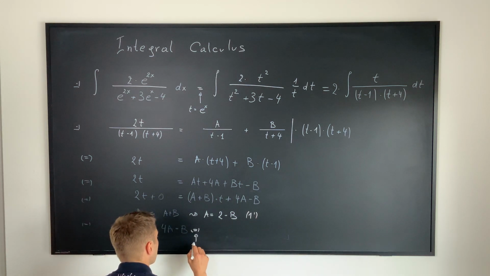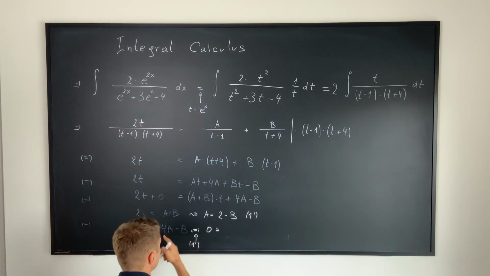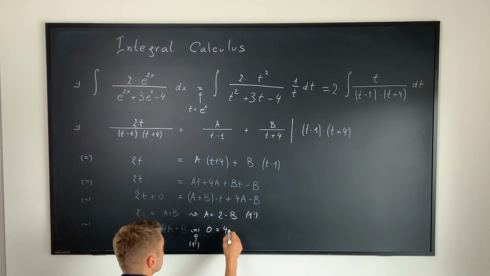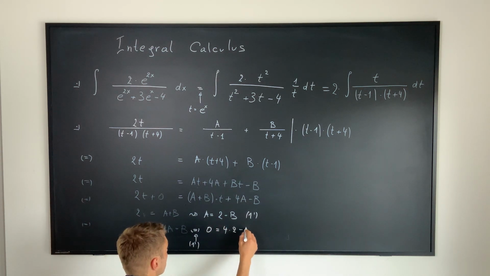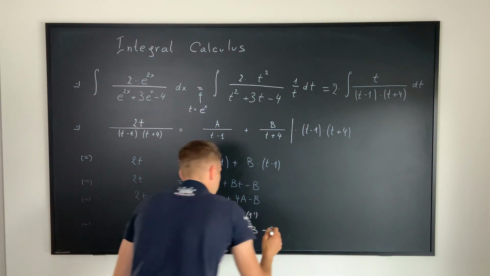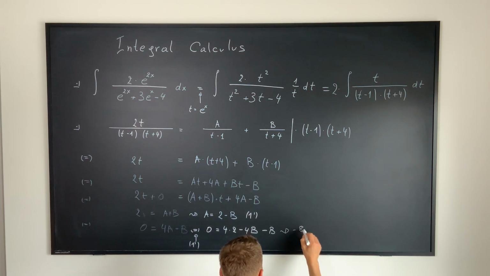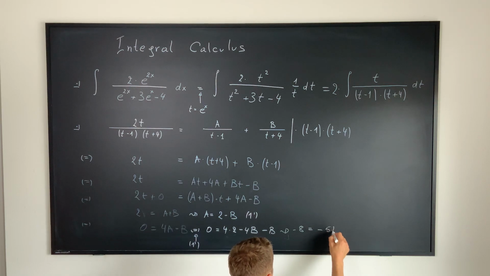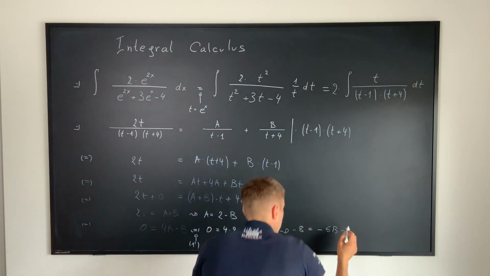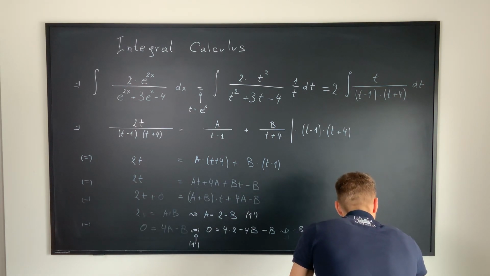So we have 0 equals 4 times 2 and 4 times minus b, minus b. In the end we have minus 8, taking the 4 times 2 to the left hand side, equals minus 5b. And from this we can solve for b, saying that b equals 8/5.